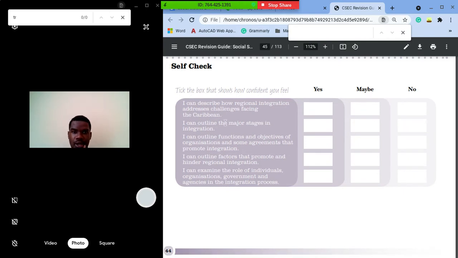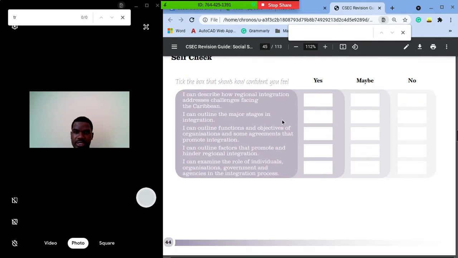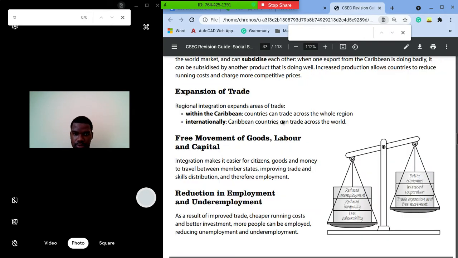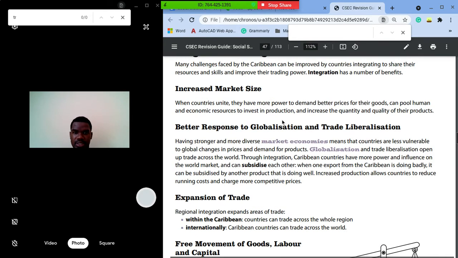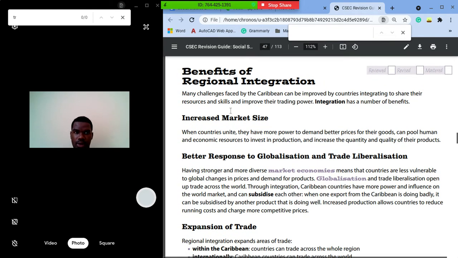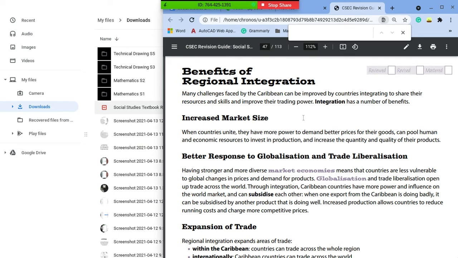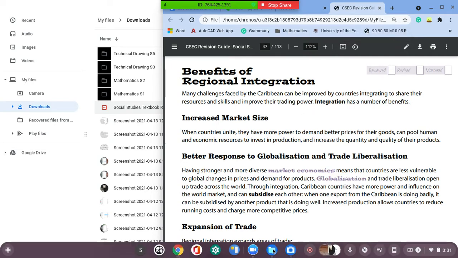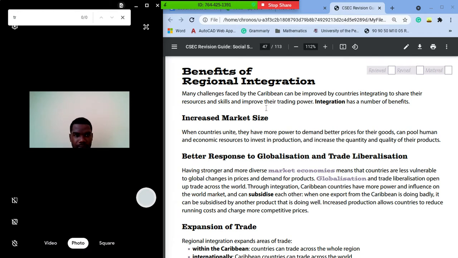Now we're going to look at the outline of the major stages in integration, which is the benefits, etc. Alright, let me know once you're ready, everybody. Any questions so far? Are you guys ready?